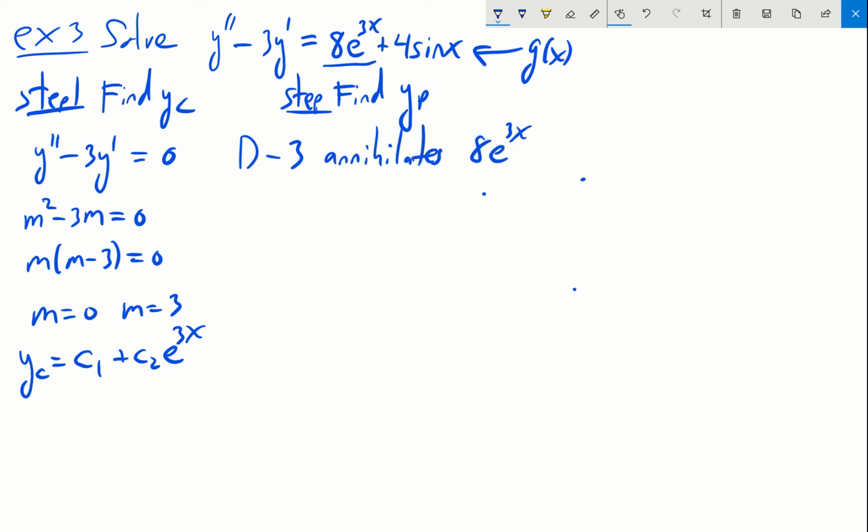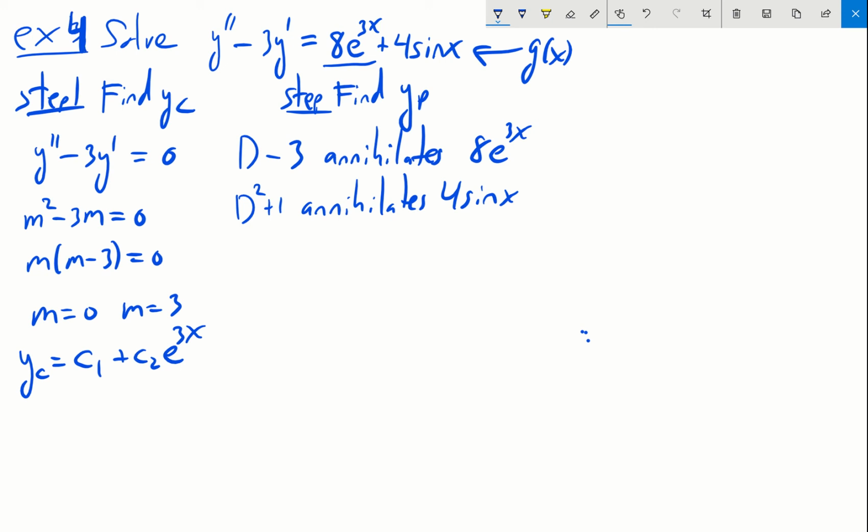We also know that 4 sine x would be annihilated by D squared plus 1. So D squared plus 1 is going to annihilate 4 sine x. And now the third property of these ones that we were talking about, and by the way, this is example 4, not example 3.